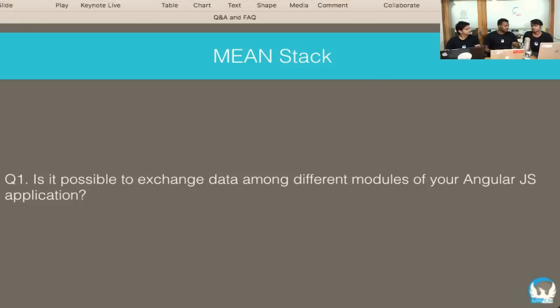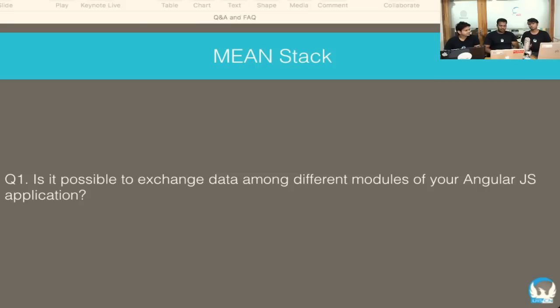So the first question which was asked is: is it possible to exchange data among different modules of your AngularJS application? Yes, of course it is possible. When you are using libraries made on AngularJS, you are importing those modules inside your own Angular app and then using them. Similarly, if you have two modules in your own Angular app, you can add one as a dependency injection.